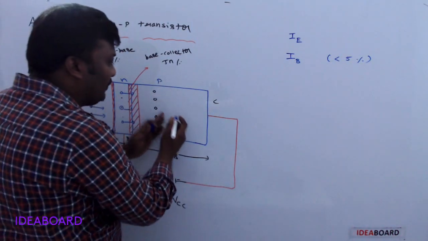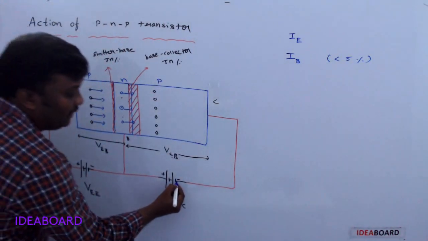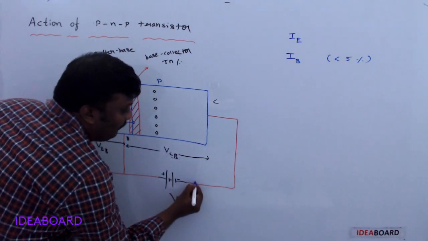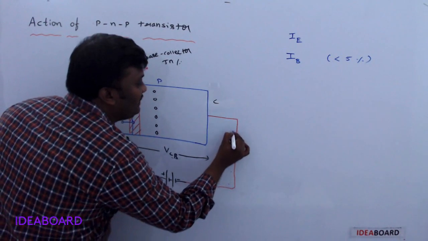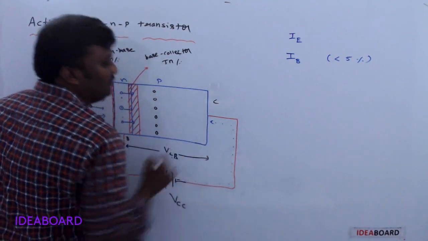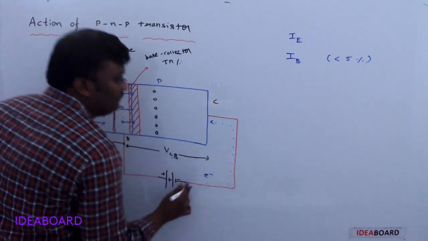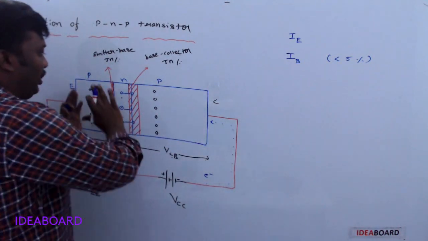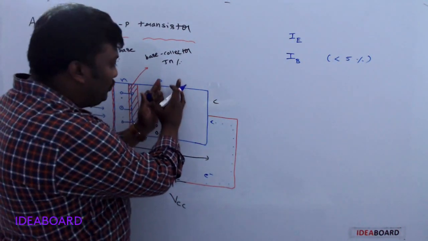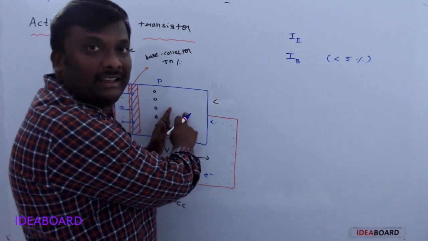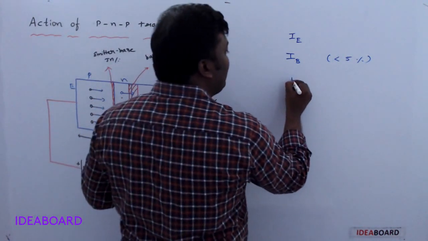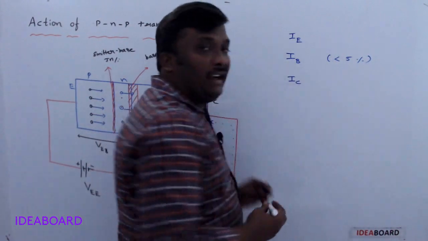So whenever the number of holes increases here, from the negative terminal of VCC, electrons now enter the collector region. Those electrons combine with the new holes coming in and get neutralized, which produces the collector current IC.